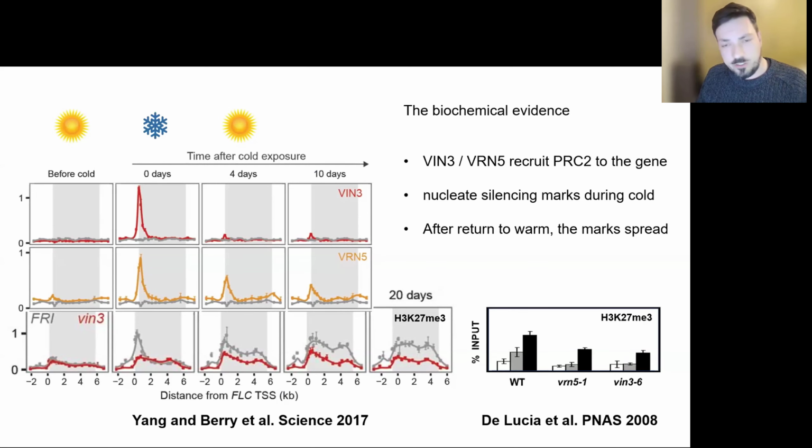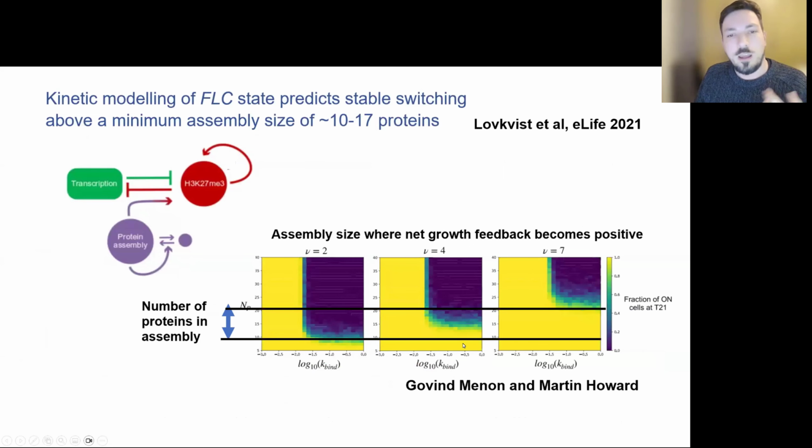It also tells us that the nucleation and spreading are separate processes. And if you interrupt this at any given time, the activation markers start to reappear and the flowering is significantly delayed. So if you model this knowing the experimental rates from these biochemical experiments, you can predict how many units of the accessory protein would hypothetically be needed to stabilize this memory.